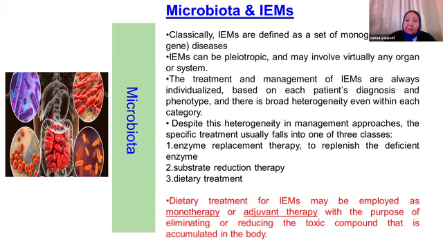The treatment and management of inborn errors of metabolism are always individualized. You tailor to each case its own nutritional therapy program. And even for the same group of inborn errors of metabolism, there are wide variations between one patient and another. So there is no white and no black.